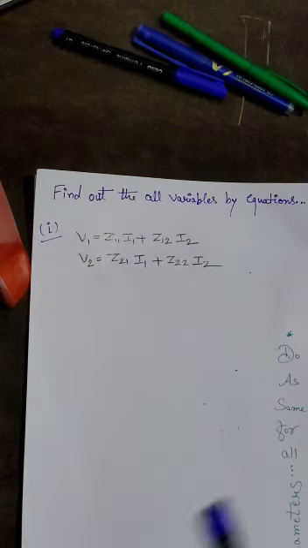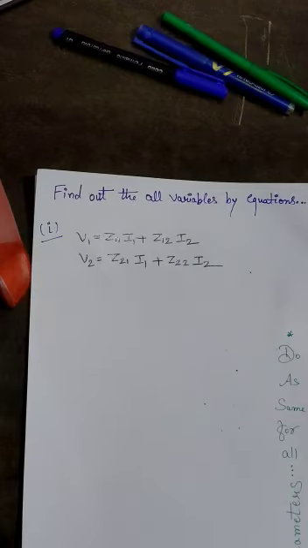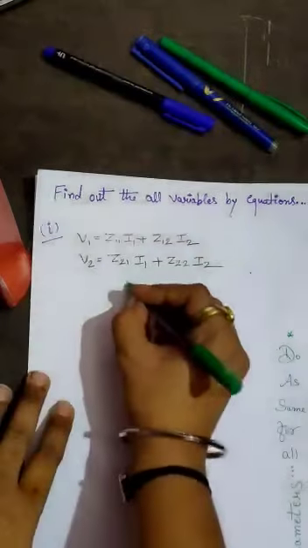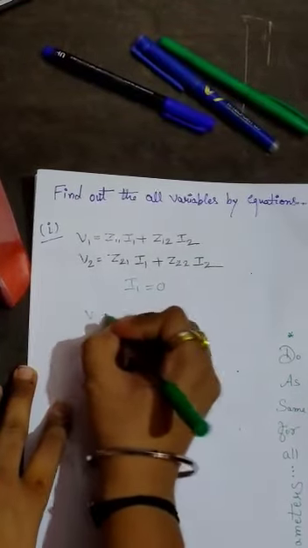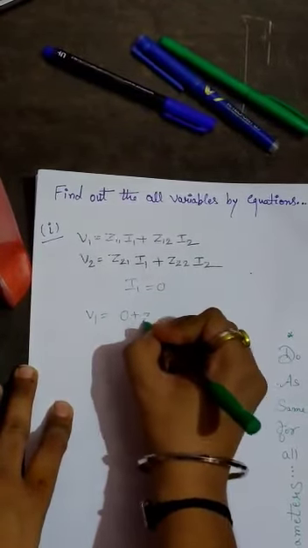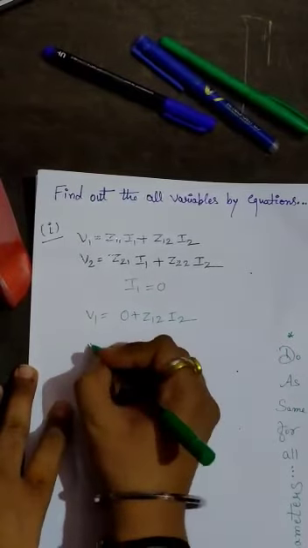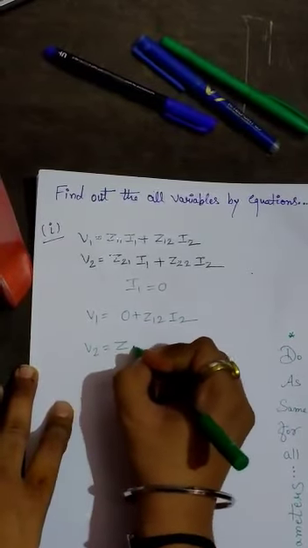To calculate all the parameters, we put I1 equal to 0, and I2 equal to 0 in the same way. With I1 equal to 0, V1 equals Z12 I2 and V2 equals Z22 I2.